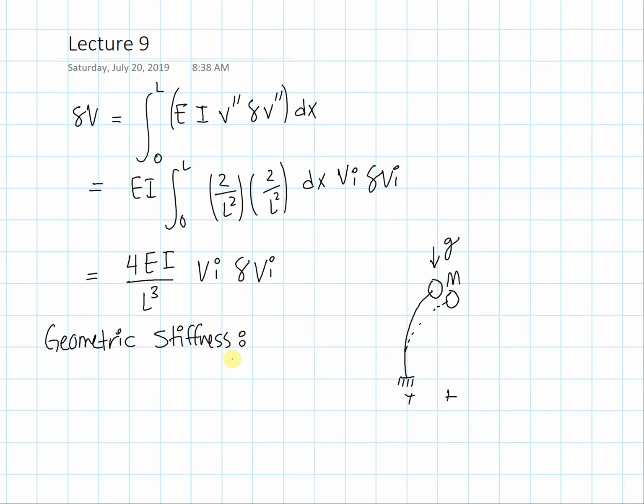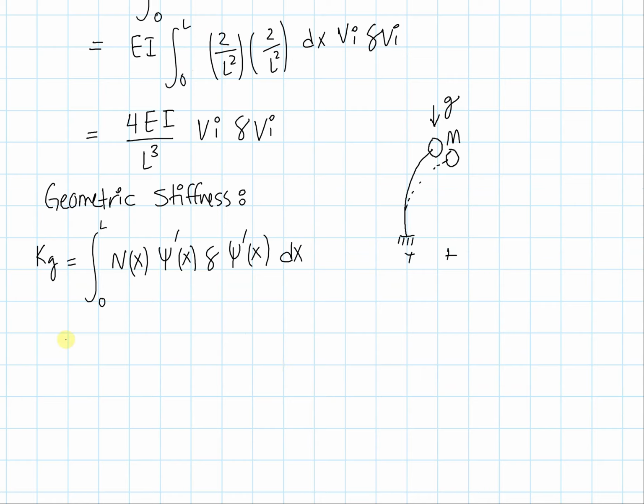And so the relationship for geometric stiffness is described by Kg is equal to integral Nx. Nx is the force that is being applied by the mass of the structure. In this case, we're interested in the tip mass. And then we have psi prime x, delta psi prime x, dx. So that's really what we're interested in.